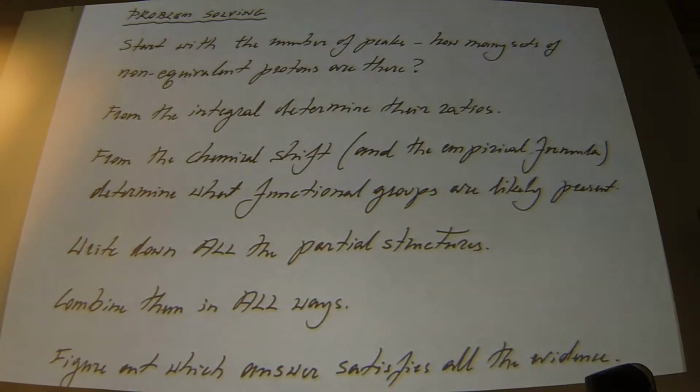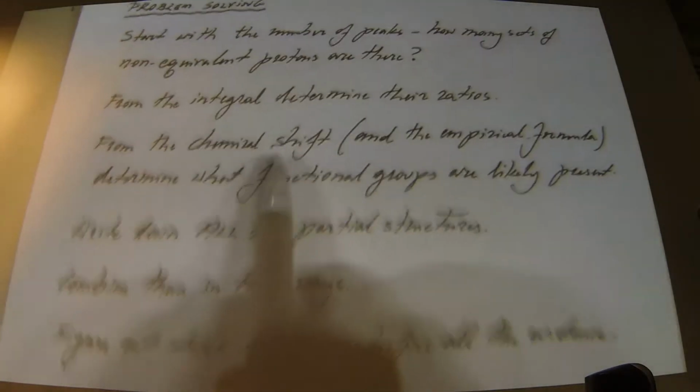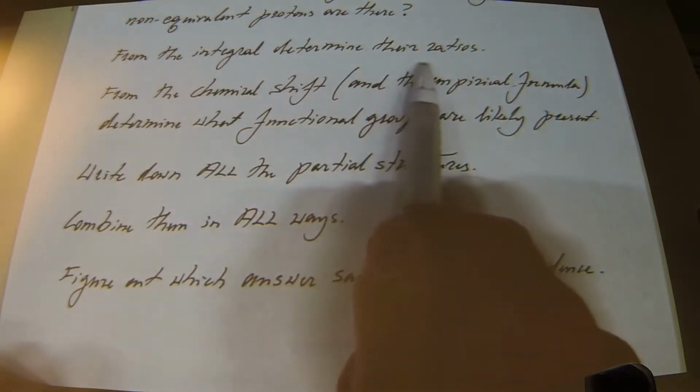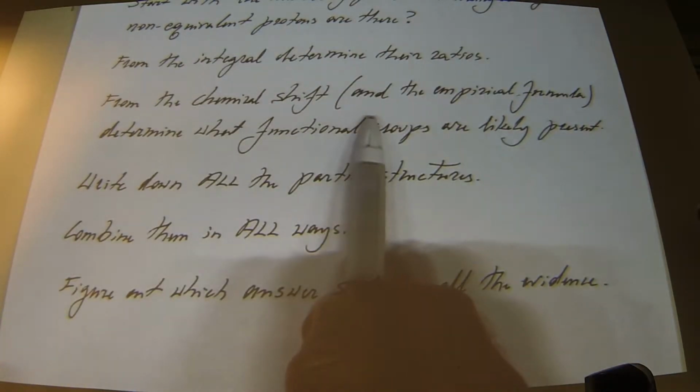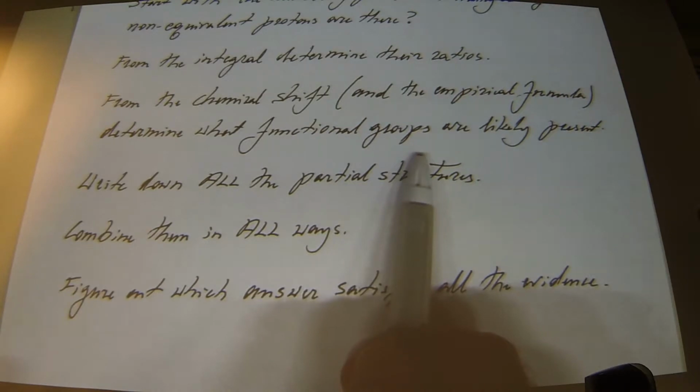There could be more, right? So if you have 3 sets of peaks, then you can say, well, I have at least 3 sets of non-equivalent protons. There could be a 4th because, hey, one of those peaks might be overlapped with another one. So then from the integral, you determine the ratios of the protons. And then from the chemical shift, you determine what functional groups are likely to be present.